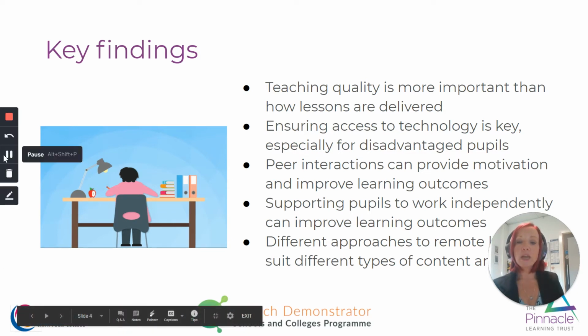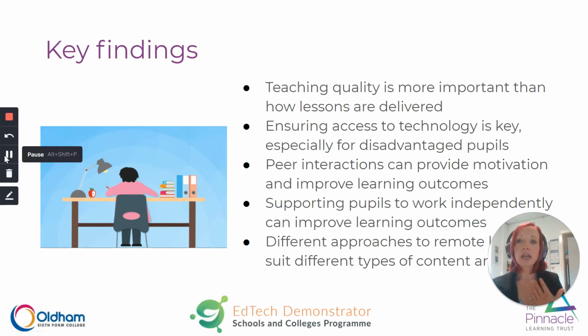And what that means is we know what effective teaching is. We know that clear explanations, clear instructions, guided practice, good modelling, good feedback are all the key elements of good quality teaching and learning. What didn't matter is how lessons were delivered.